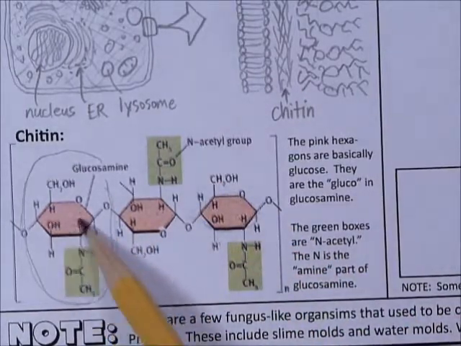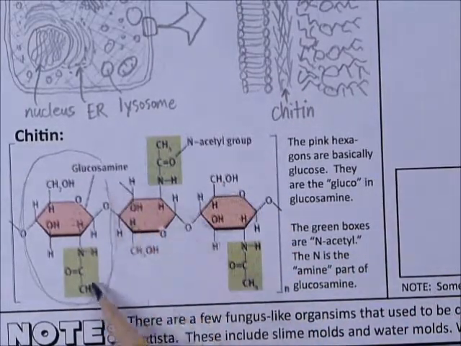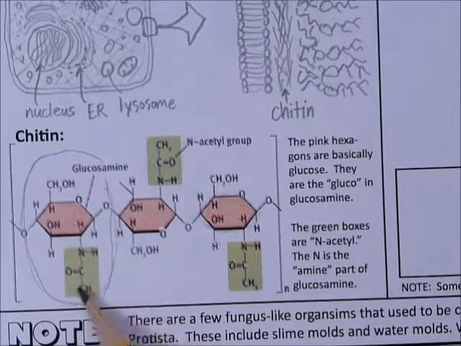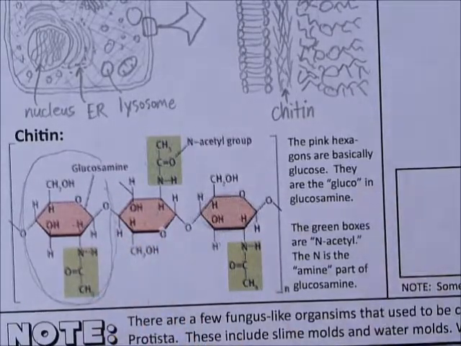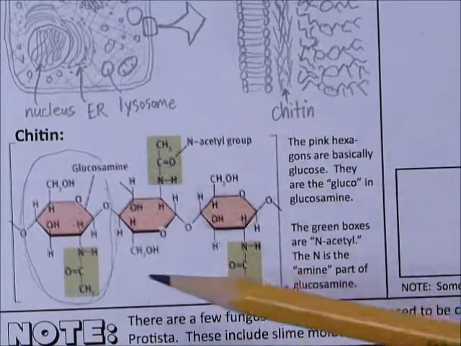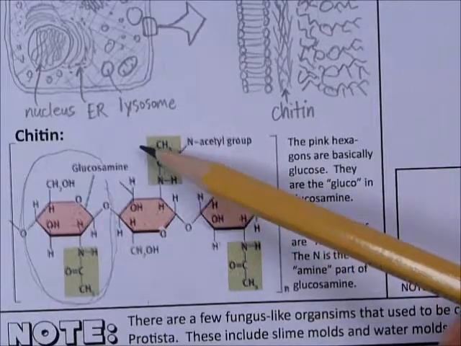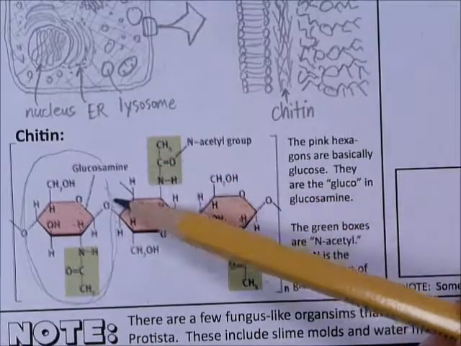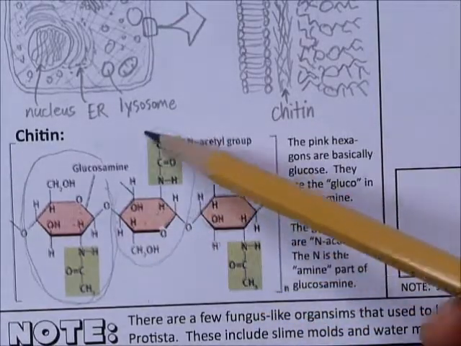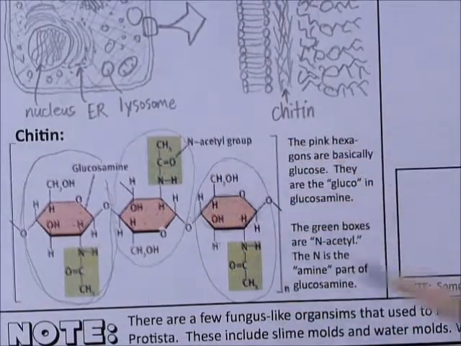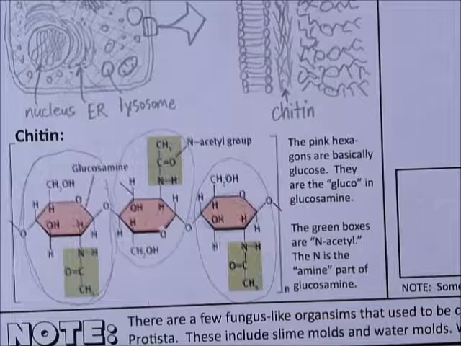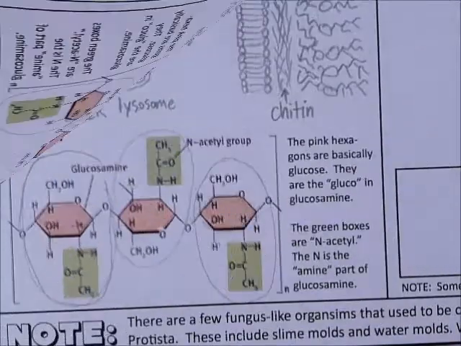Gluco for sugar, glucose, and the amine is the nitrogen with the stuff hanging off. Anytime you see amine, that means there's a nitrogen there. So we have a string of glucosamine molecules hooked together. So here's another glucosamine, and here's another glucosamine. So chitin is a string of glucosamine molecules.